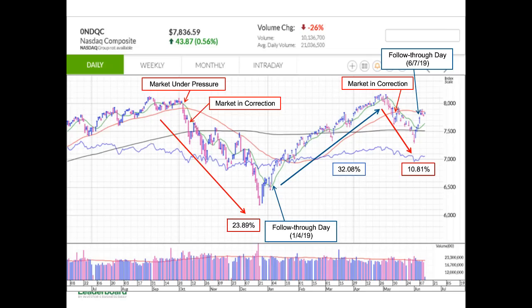Yeah, and the thing to also remember here is that good high quality growth stocks are typically going to really outperform during market uptrends, and when the market starts to fall, they can lag more than the broad market.